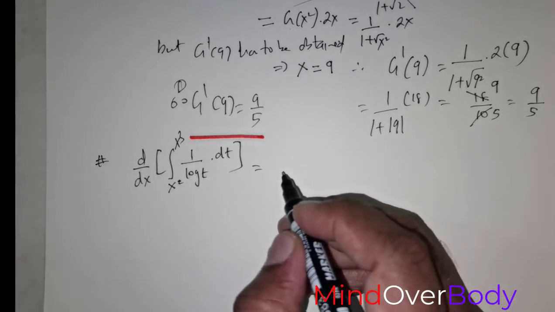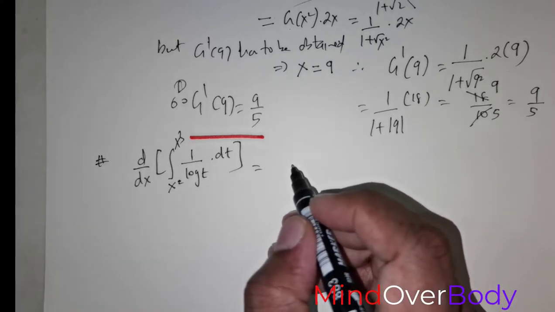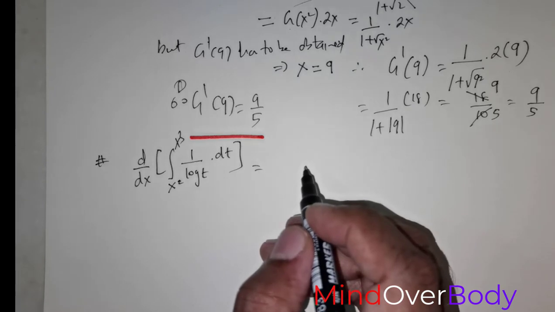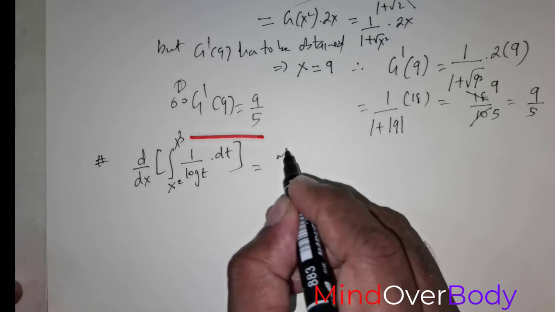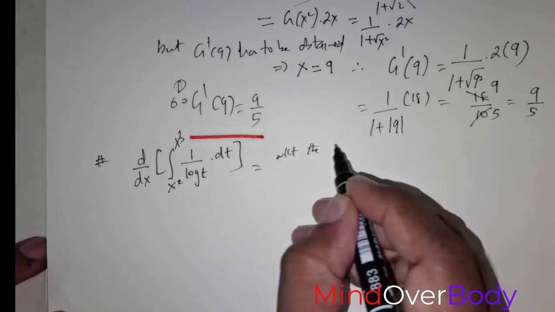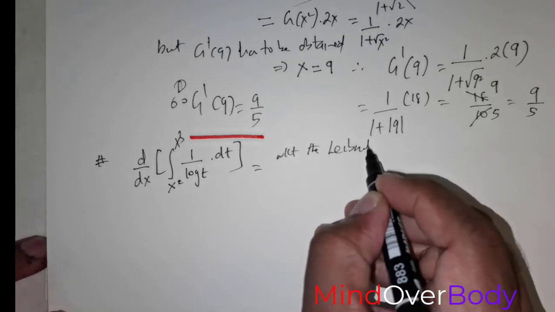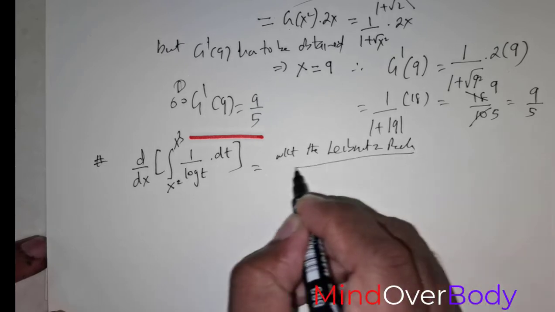So having mentioned that, let me directly apply the Leibniz rule. First, let me just state the Leibniz rule. We know the Leibniz rule. What does the Leibniz rule state?